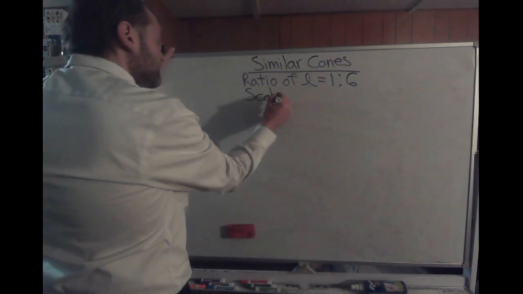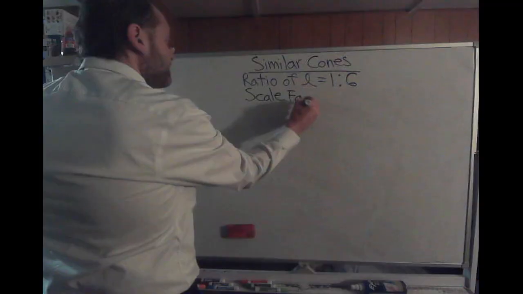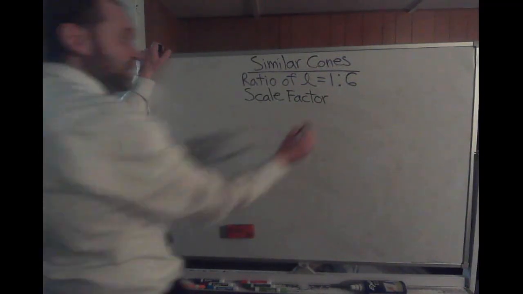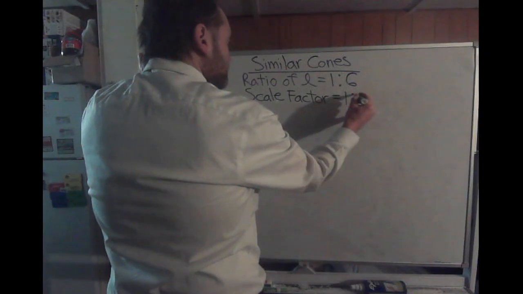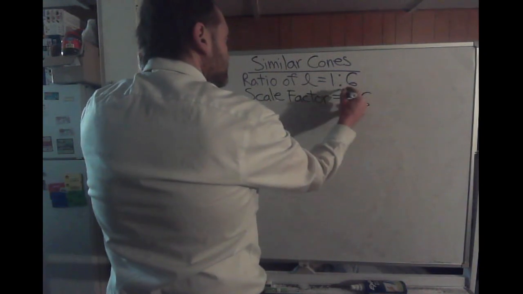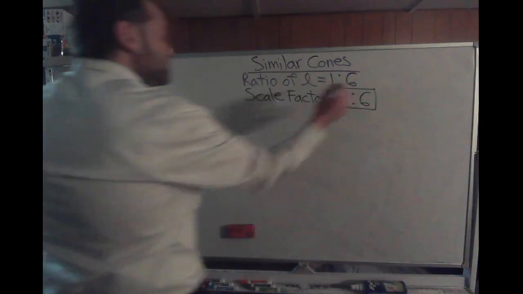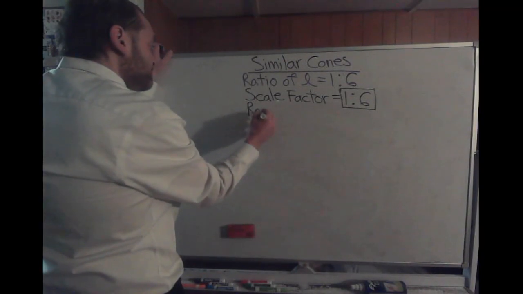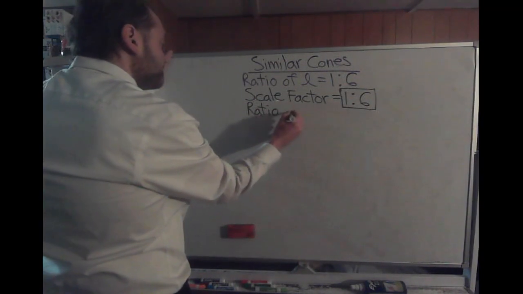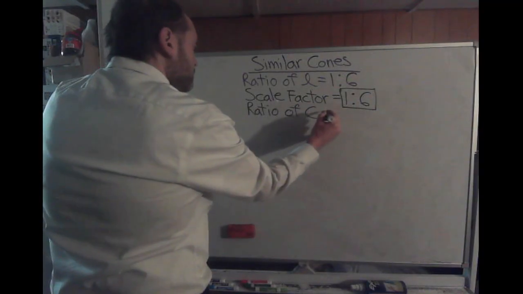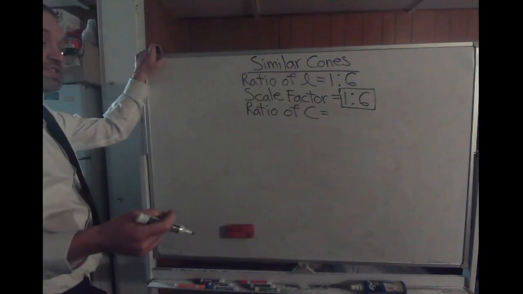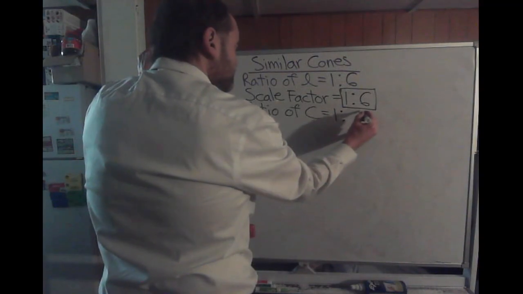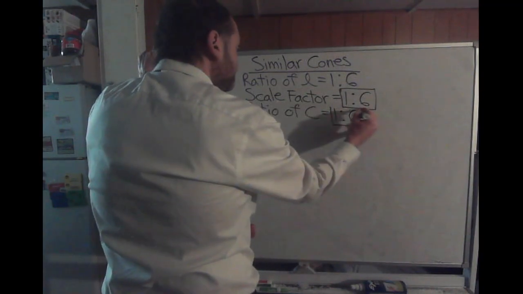Well, if the slant height is simply a length of the two cones, that means your scale factor would also have to be 1 to 6. So you have a scale factor of 1 to 6, which means now we can find the ratio of the base circumferences, which, since the circumference is basically a perimeter, means the ratio of the circumferences is also 1 to 6.